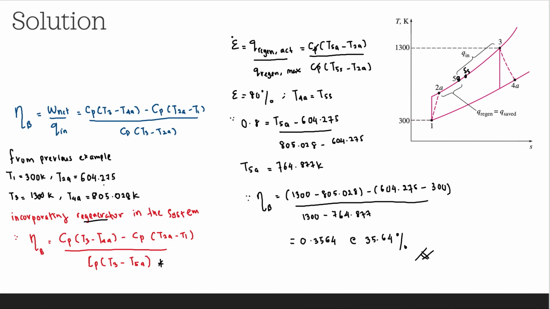We use the formula of effectiveness. The effectiveness is Q regen actual divided by Q regeneration maximum. So what is Q regen actual? Here, this is Q regen.